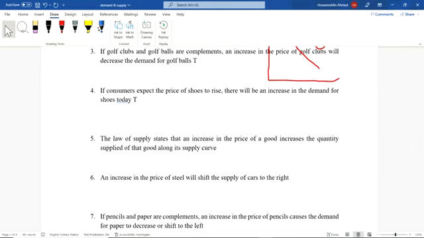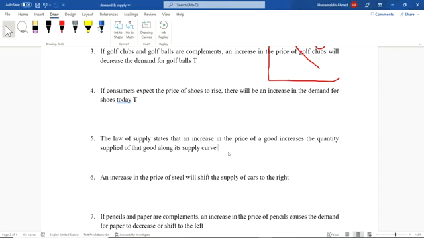Number 5. The law of supply stated that increasing the price of a good increases the quantity supplied of that good along its supply curve, which is completely also right. The law of supply states that as prices go higher, suppliers are motivated to increase their quantity of goods.